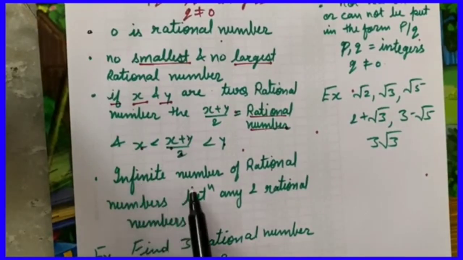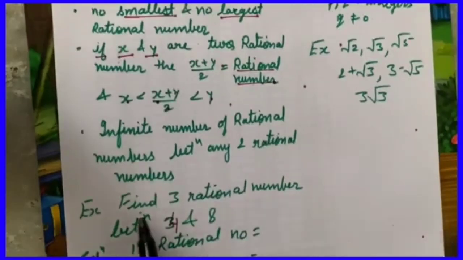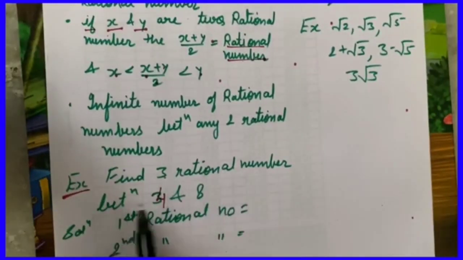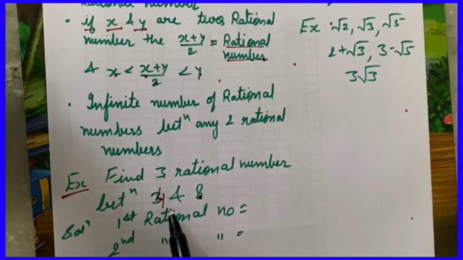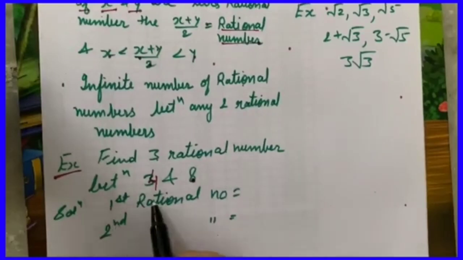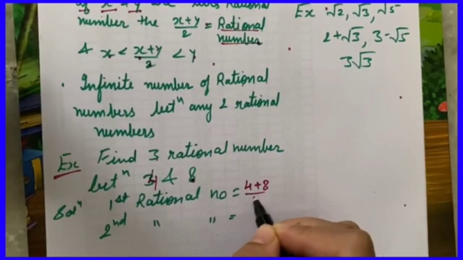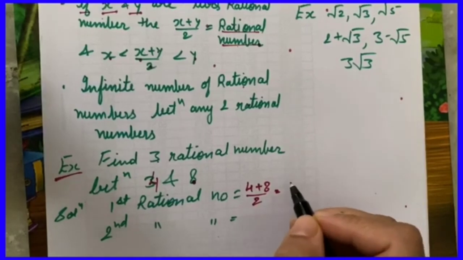And there could be infinite number of rational numbers between any given two rational numbers. Fine. Now for example, for understanding, find three rational numbers between 4 and 8. I have taken 4 and 8 for simplicity of calculation. So first rational number can be determined as (4 plus 8) divided by 2. So how much it will be?